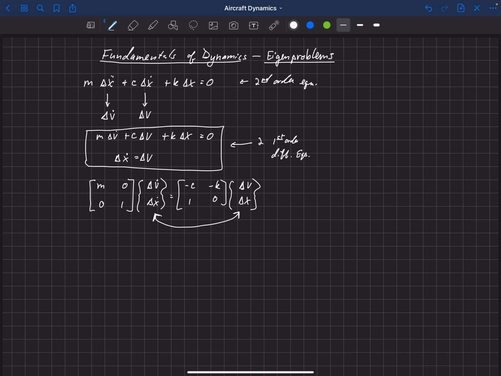And so in general, this represents a more general problem that can be written like this, where we have some matrix B multiplied by the change in some vector with respect to time is equal to some matrix A multiplied by that vector X. Okay, and this is just a system of first order differential equations.